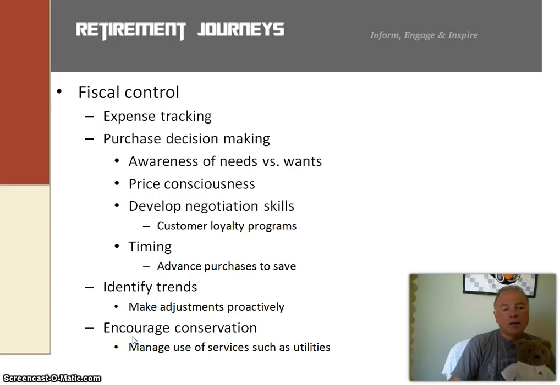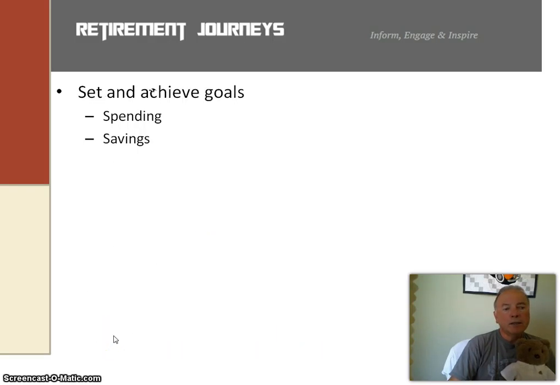And you also might think of it as an opportunity to conserve, that you can manage the volume of certain services that you use, whether it's water, electricity, or gas, and that's a good thing for the environment as well as for your budget. And this element is something that maybe people don't appreciate fully, is that by having your budget documented, you've then written down your spending and your savings goals.